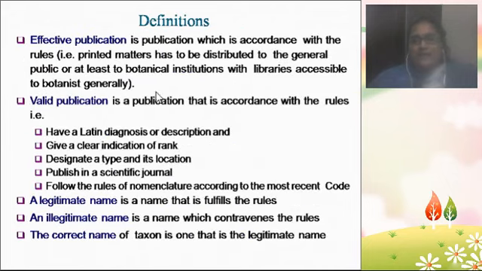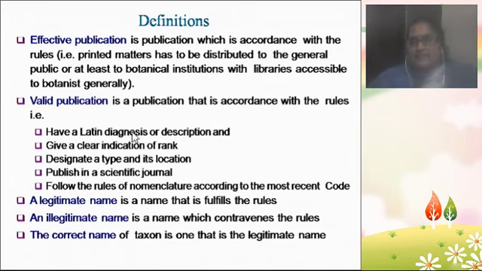Coming to the next topic, publication. Effective publication means the publication done by the author following all the rules and regulations, and it should be shared with all the libraries and given to all the institutions also.